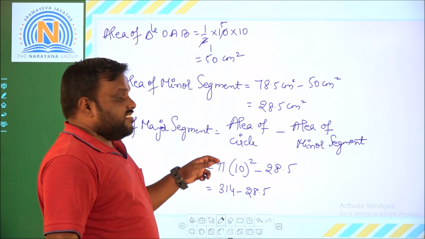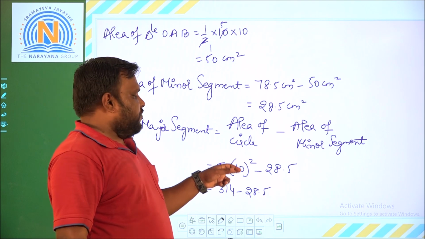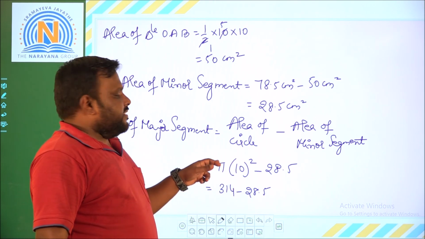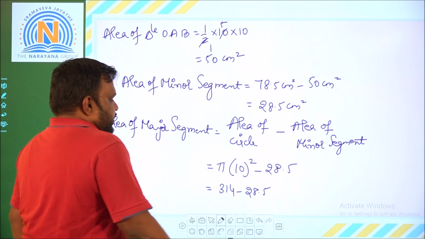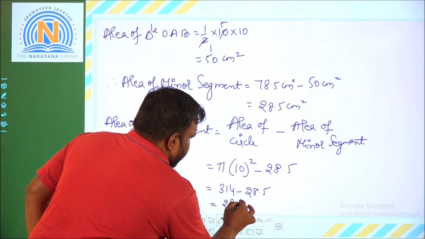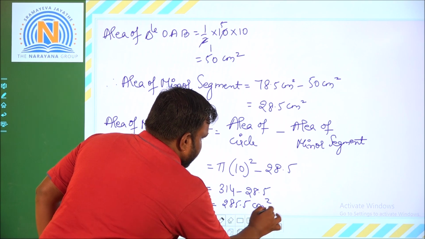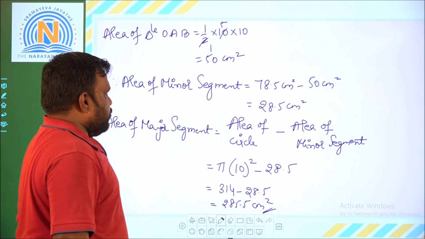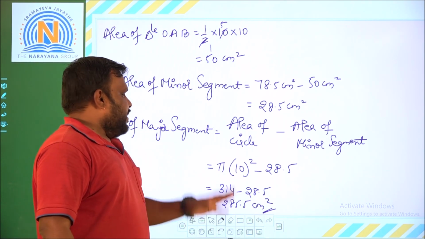Since it is given in the question as 3.14, we are going to consider it as 3.14 only. So 314 minus 28.5 gives me 285.5 square centimeters. This is what I had to find, the area of the major segment.